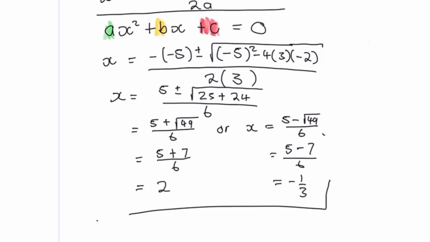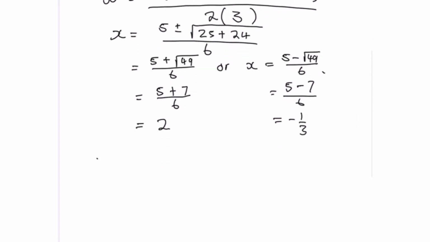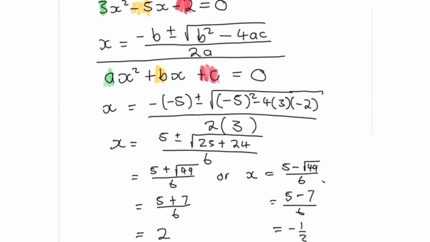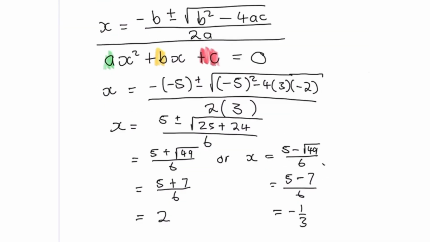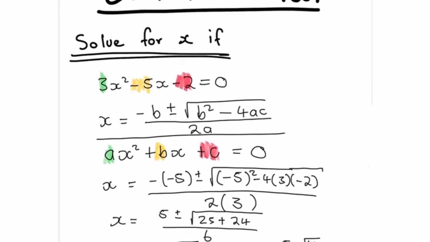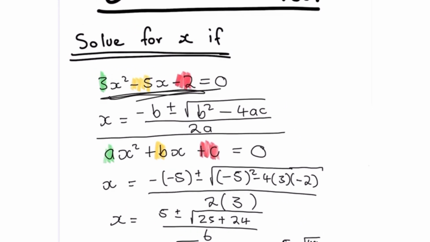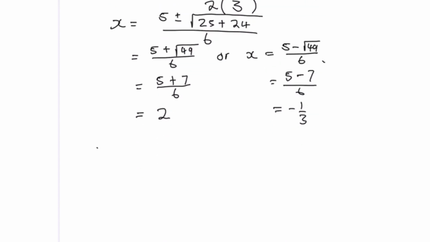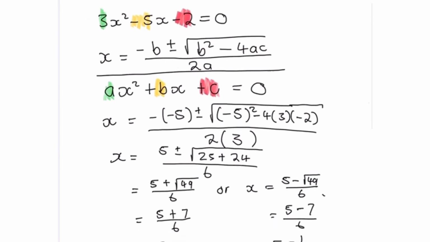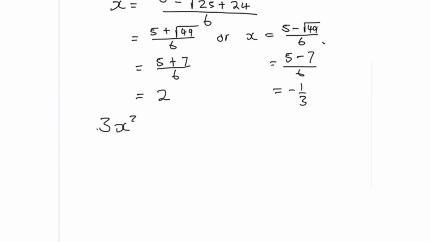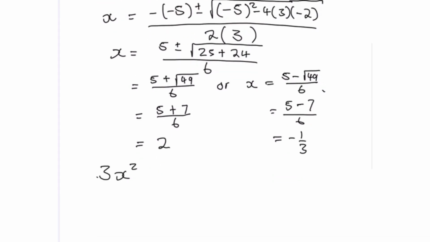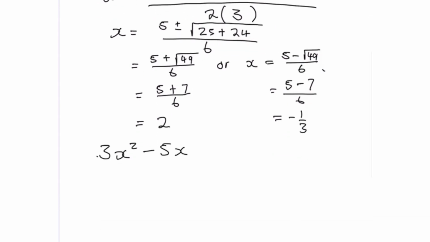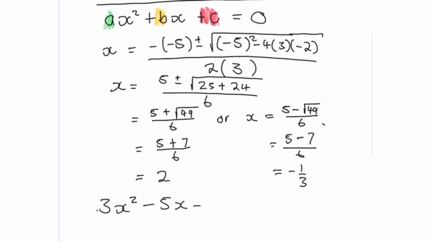Now we will get the same solutions if we were to use the manual way, factorizing the problem that is given manually, like when we are applying the grouping method. This is 3x squared minus 5x minus 2 equals 0.